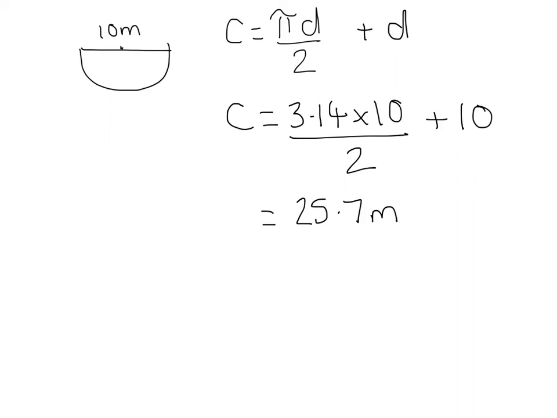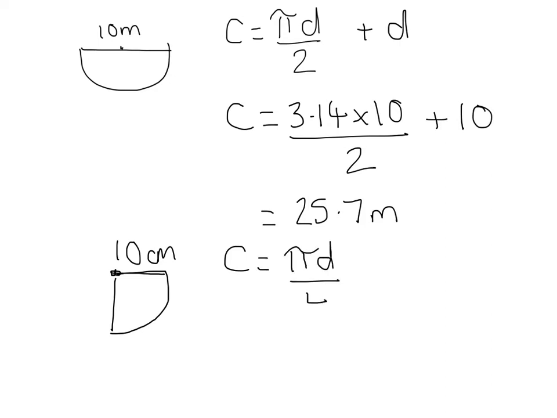This time, instead of a semicircle, we'll do a quarter circle. So I've got a quarter circle, and the radius is, again, 10, but we'll say centimetres. Now the circumference will be given by pi d, which will be a full circle, divided by 4, because we've got a quarter of a circle. But again, I need to add on the straight edges, and I've got a radius here, and a radius here.